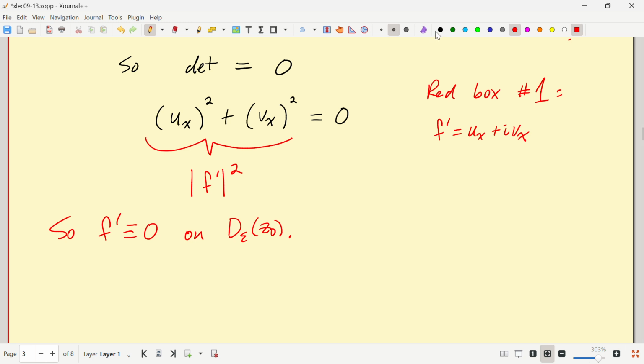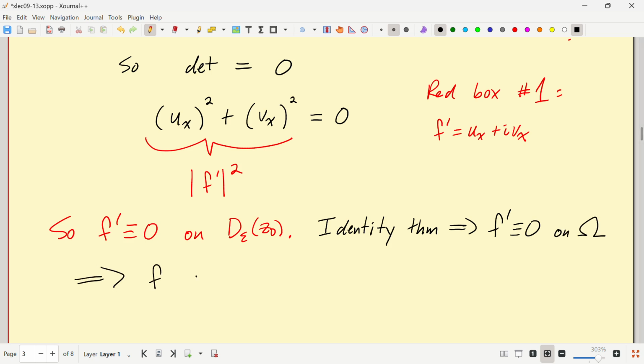So the identity theorem, because every point of the disk is a limit point of the disk, would imply that f prime is constantly 0 on omega, and that implies f is constant.